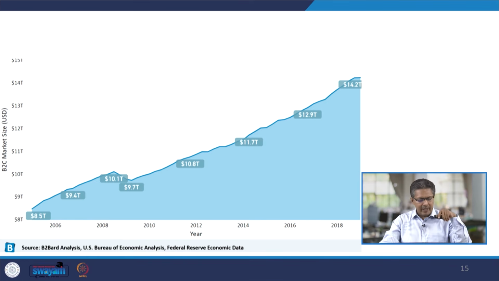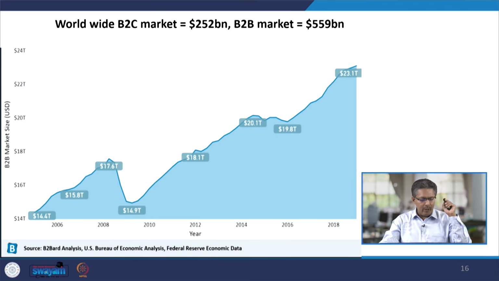On the other hand, if I compare the B2B market, it is at 14.4 trillion and it goes up to 23.1 trillion. In percentage terms, the growth might be similar or even the same. But if you look at the absolute value, there is a growth of almost $9 trillion, which is absolutely huge.